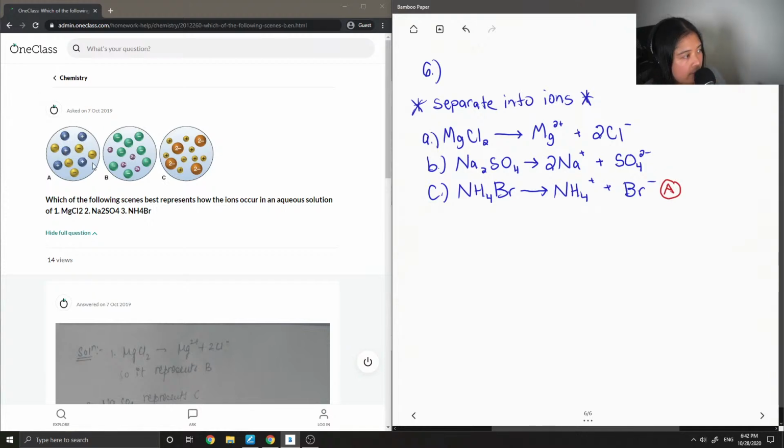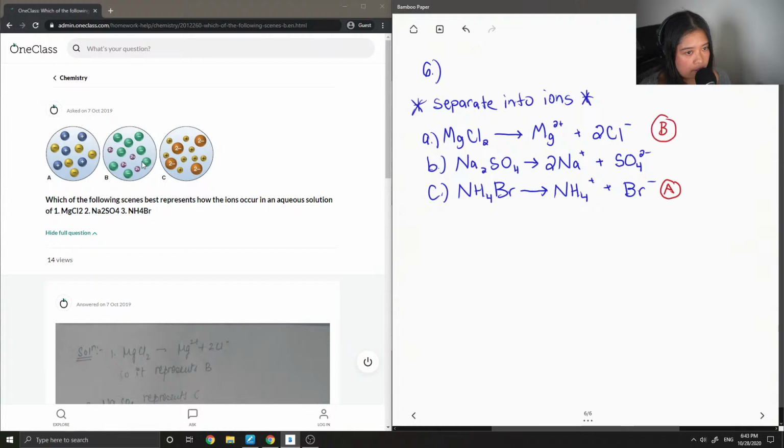So we have in the purple and green solution a +2, and then for each +2 there are 2 negatively charged ions. So this is similar to what we have with the magnesium chloride. There is a magnesium that has a 2+ charge and then 2 chlorines.